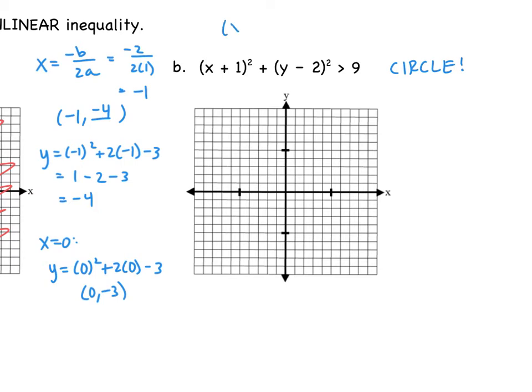Write this down. We get x minus h squared plus y minus k squared equals r squared.